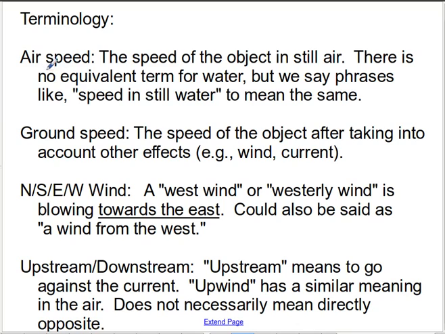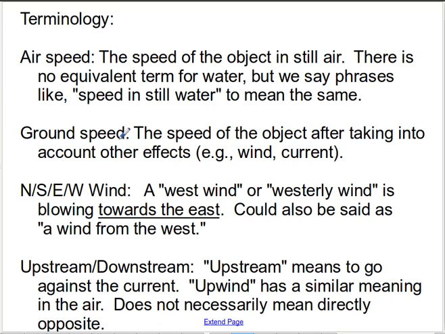One way to think about that would be the speed if it was a perfectly still day, or the speed under test conditions. That's the speed that the engines can generate. There's no term that we use for water, but it's the same idea. We imagine the speed in still water. When I talk about boats or canoes, I say, well, what if you were in a swimming pool where there's no current? That's the equivalent to airspeed.